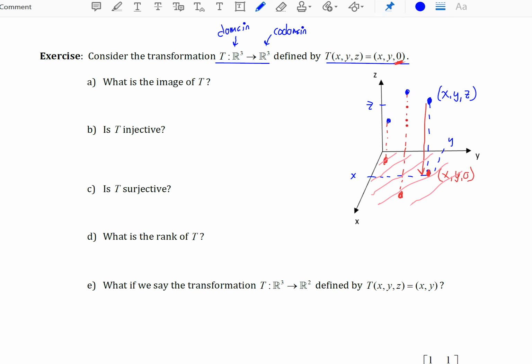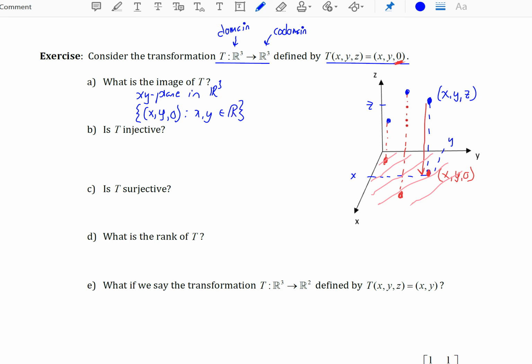So to be specific now, our image, either you can say it's the xy plane in R3, or you can describe it in set notation as the set of items that look like x, y, 0, such that x and y are elements of the real numbers.